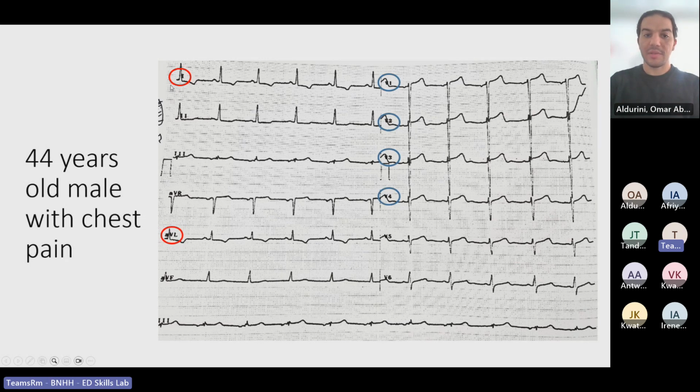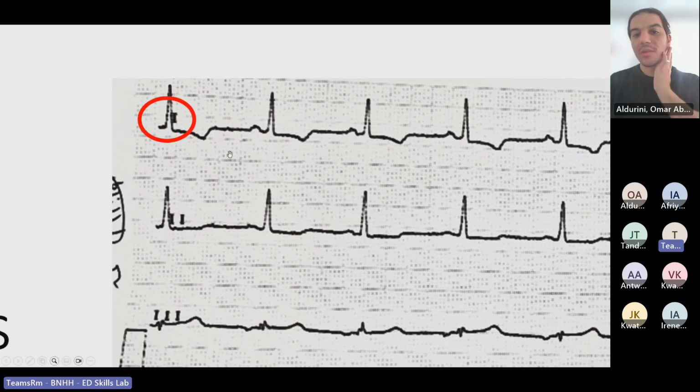And here, let's zoom in on lead 1. This is our TP segment. This is the T wave, which looks inverted, so it's obvious here. But if we compare the J point to the TP line, we can find out that it is lower than the baseline.